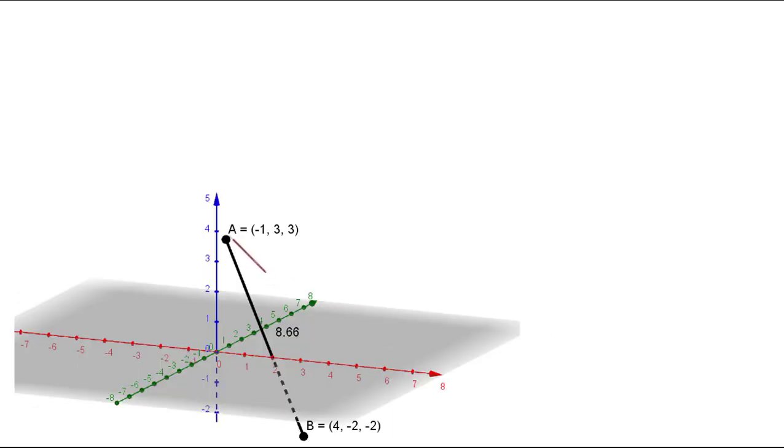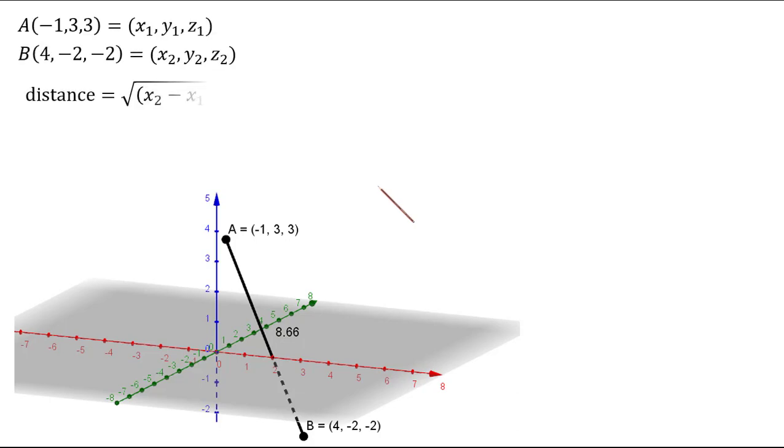Similarly, we can find the distance between any 2 points in a 3-coordinate system. For example, the point A is (-1, 3, 3) and B is (4, -2, -2). We can extend that particular distance formula and we can find the distance between them. So the distance between them would be the square root of the differences of the x squared plus differences of the y squared plus differences of the z squared.